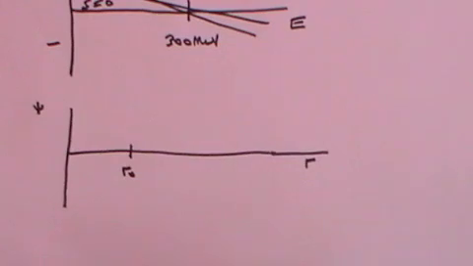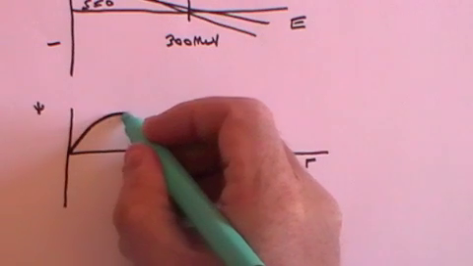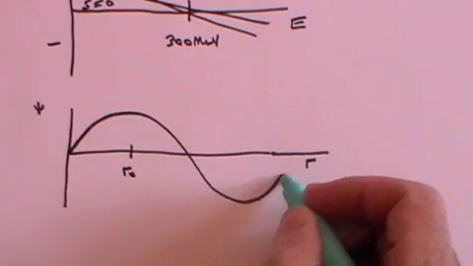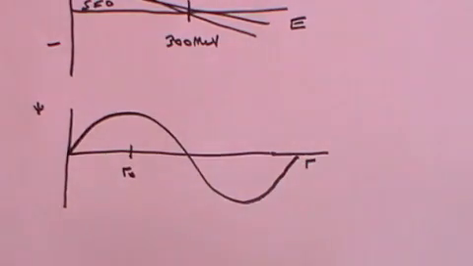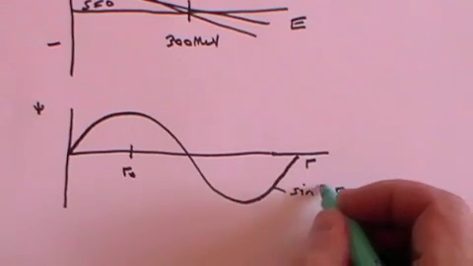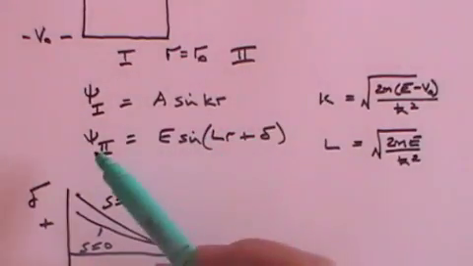So here's a sine Lr wave that looks something like that. That's one wavelength of a sine Lr wave. Now, of course, the Lr wave operates in region 2.